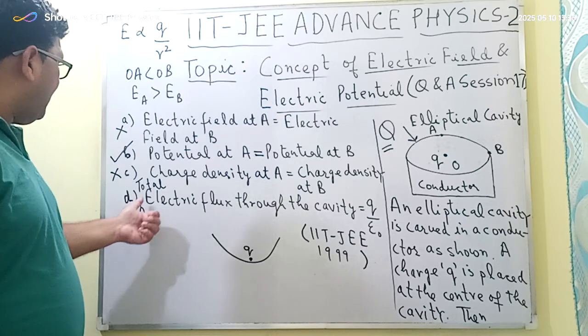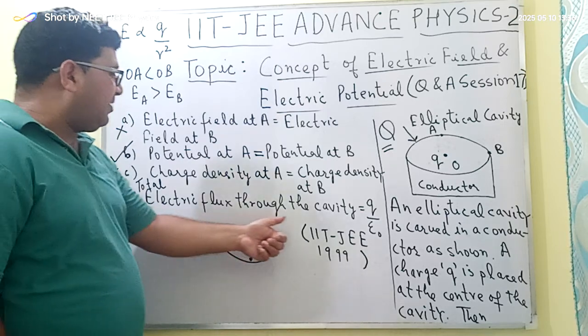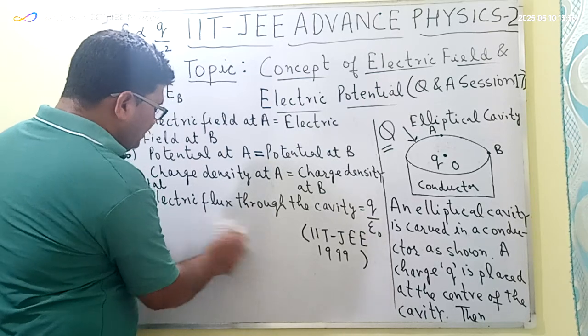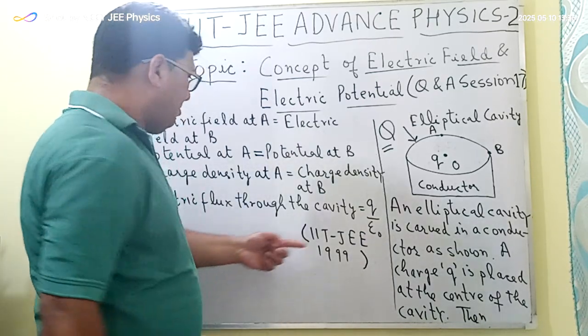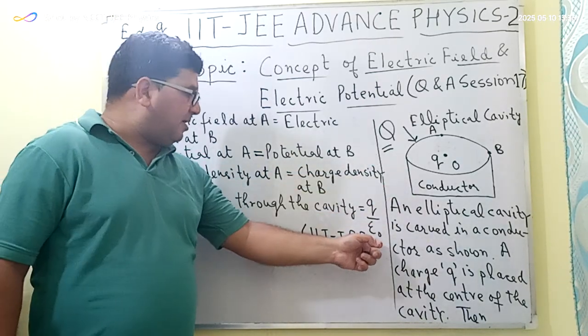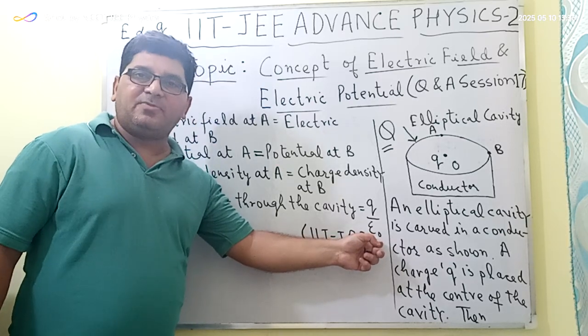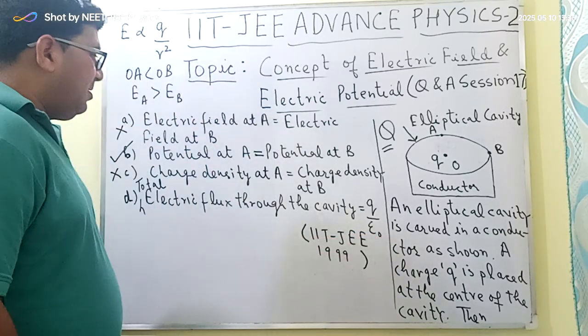The last option is that the total electric flux through the cavity is equal to Q upon epsilon naught, where Q is the charge enclosed by this cavity and epsilon naught is the permittivity of free space.